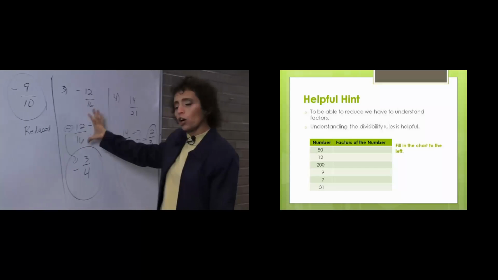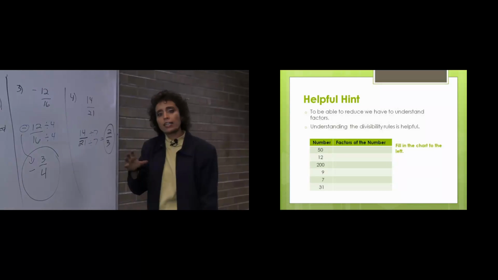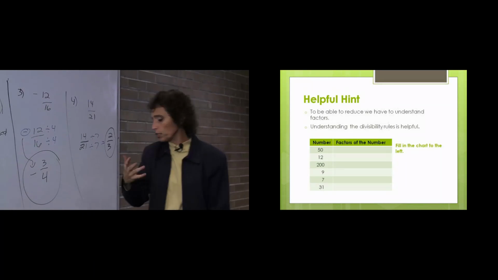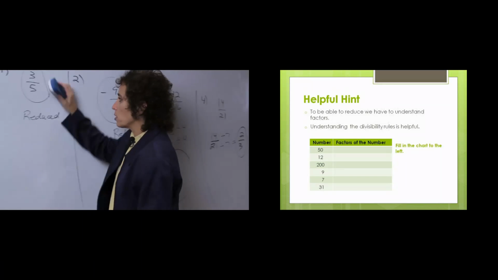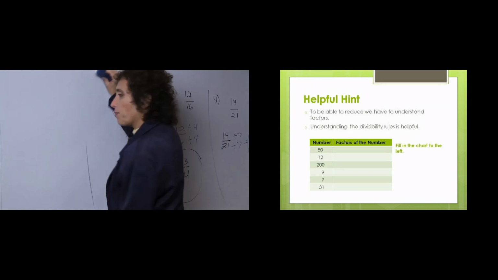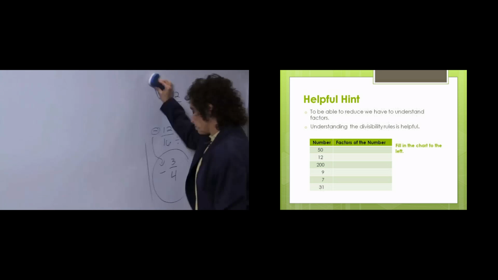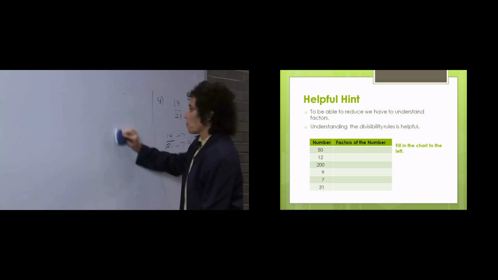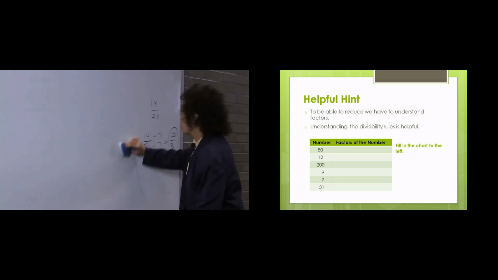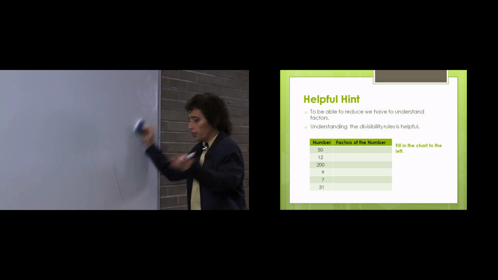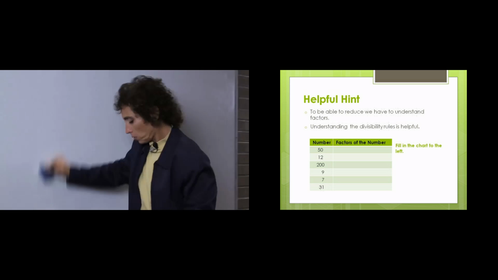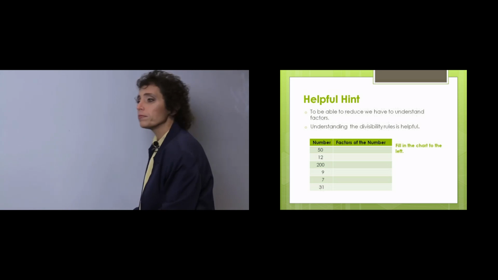Sometimes it's hard to know what to divide by, so it's a good idea to make sure you're familiar with some factors. So let's do that. Let's take a look at the following numbers and get the factors of those numbers. All right. So let's take a look at the number 50. This chart is in your workbook, so you can play along.